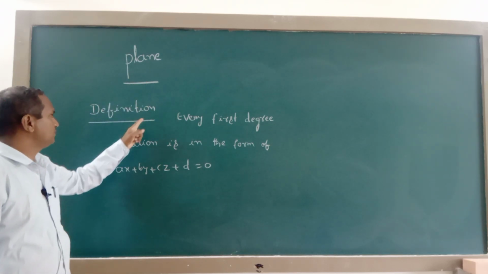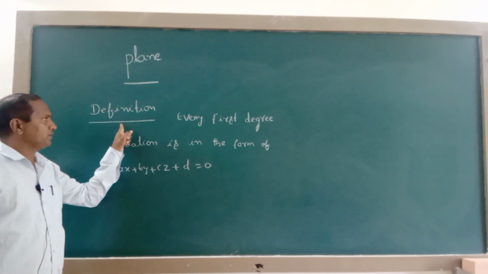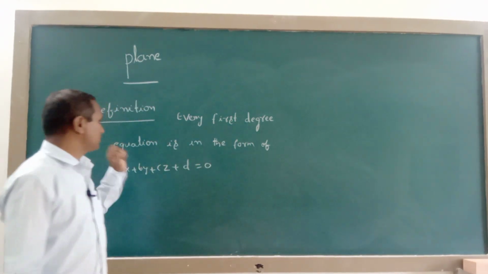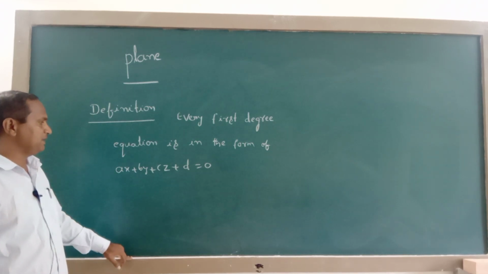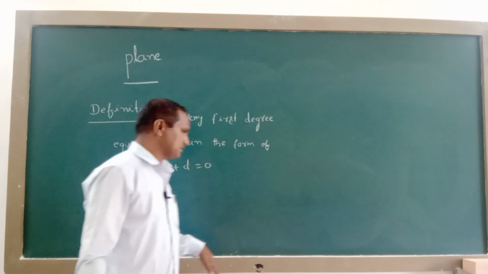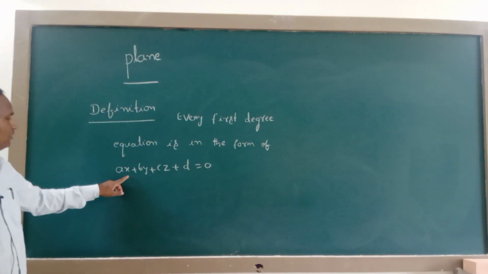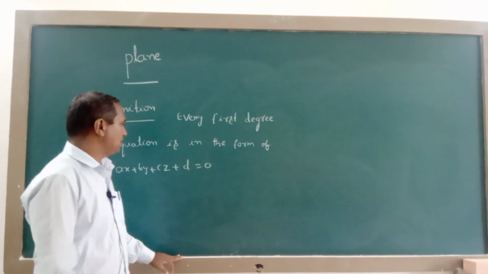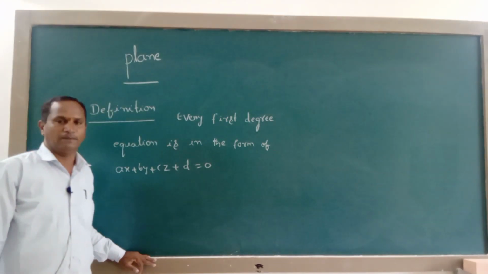That's the standard form of the equation of a plane. The definition for a plane is: every first degree equation in the form ax + by + cz + d = 0, where a, b, c and d are real numbers, and a, b and c are not simultaneously zero. Those equations are called the standard form of equations of a plane.